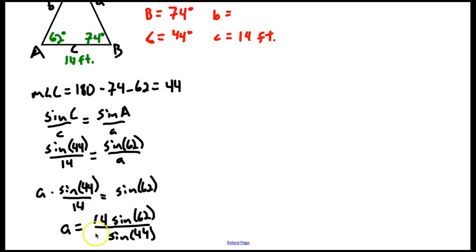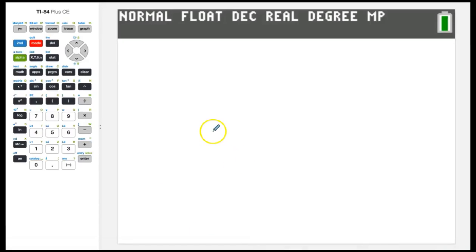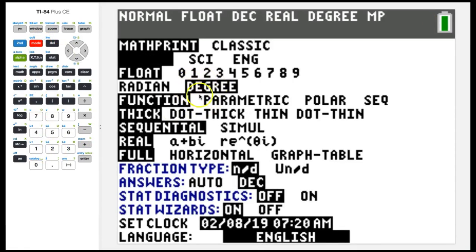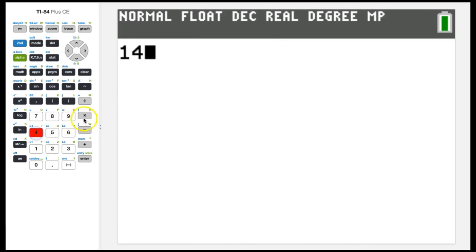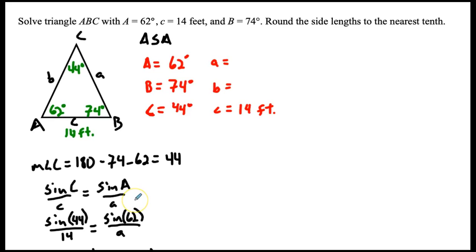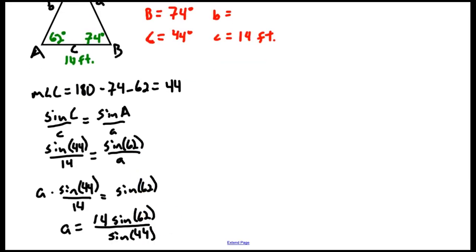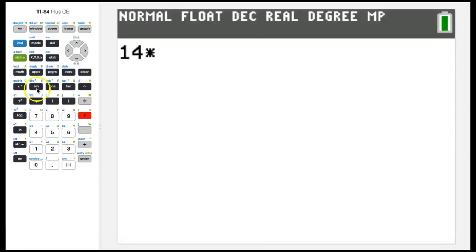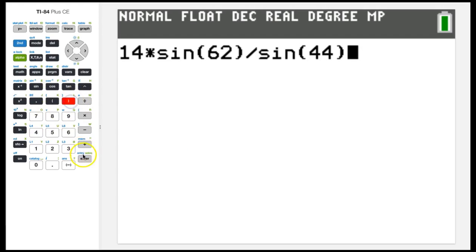All right, so now we can put this into the calculator to get angle A, or I'm sorry, side A. So let's go to our calculator, and we need to make sure we're in degree mode. Go to mode, make sure we're in degree mode. Then we're doing 14 times sine of 62 divided by sine of 44.